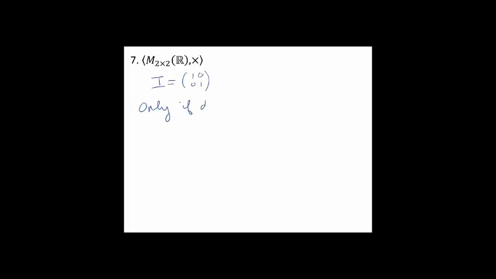Only if the determinant of A is not equal to 0 does A have an inverse, and we denote that inverse as A inverse. For example, a matrix like 1, 1, 2, 2 has no inverse.